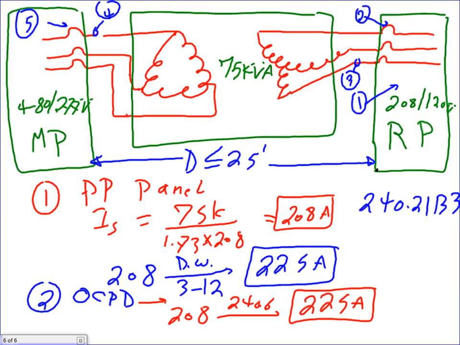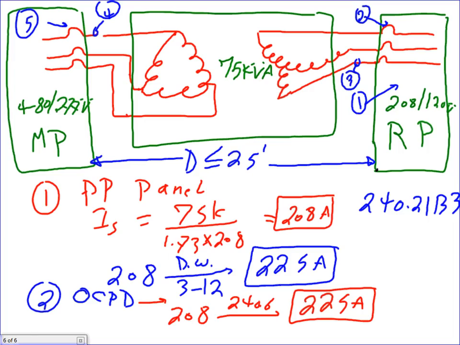After I multiply by 1.25 for the continuous load and all this stuff, I came up with a 73 KVA transformer that I need. So I go to the next standard, which is 75. That's why I don't multiply again by 1.25. The transformer is already oversized for the continuous load. That's how it should be.